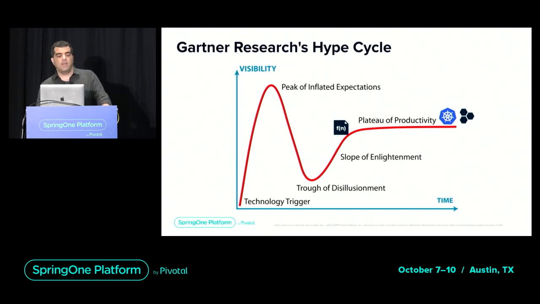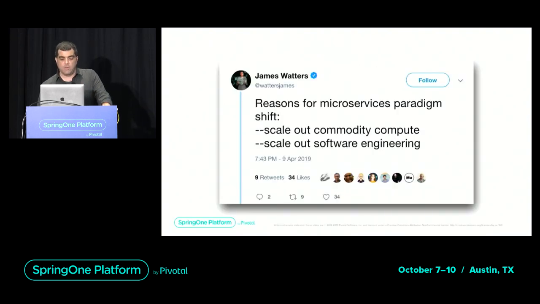Now, you can't really have a talk in SpringOne without a James Waters tweet, I believe. So he's mine. And he's saying, reasons for microservices paradigm shift is clear. Number one is to scale out commodity compute and hardware. But number two is to scale out software engineering. That's one of the main benefits that you achieve when you move to this architecture.